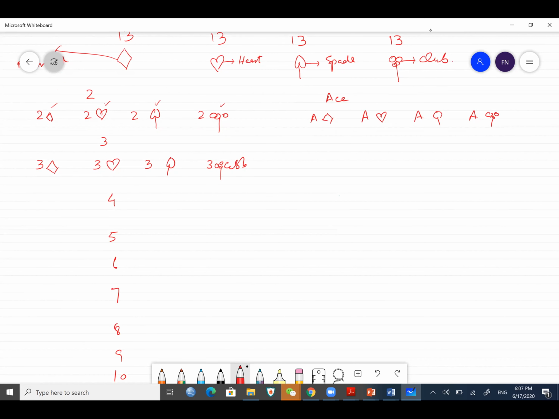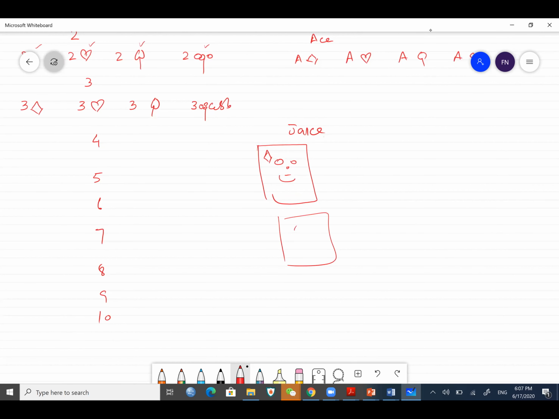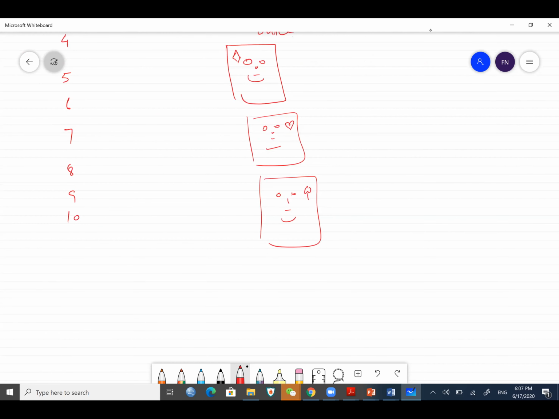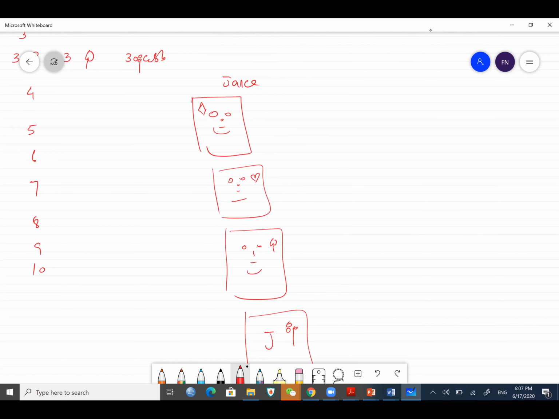And similarly, we have for jack. Jack has an image on it, right? Jack of diamond, jack of heart, jack of spade, and jack of club. Understand? We have 4 cards for this.